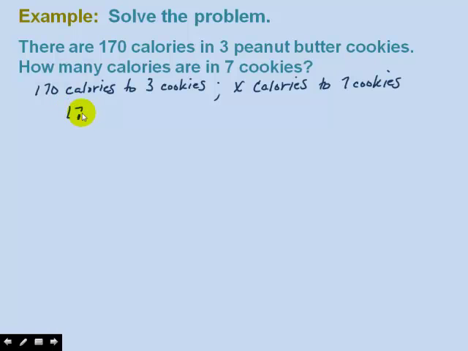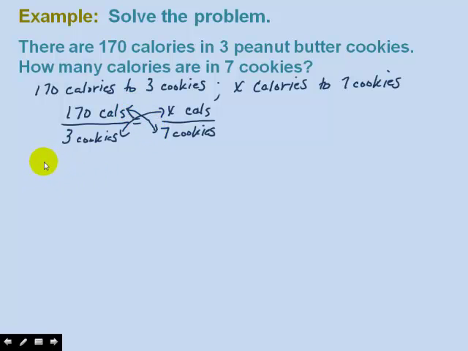Now if we write each of these in rate form or ratio form, this would be 170 calories and 3 cookies is equal to x calories and 7 cookies. Now we can use our cross multiplication. So we're going to multiply the 3 here times the x and the 170 times the 7.